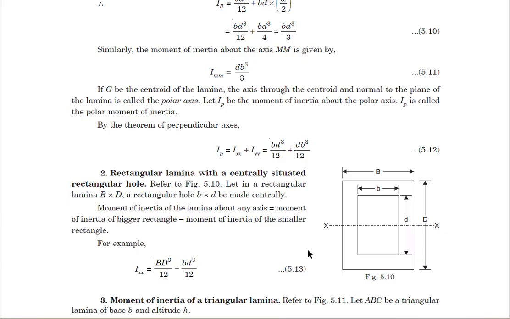After these derivations only, the table that I discussed, where we said that for a circle it is pi d raised to power 4 divided by 64, was found using this procedure.